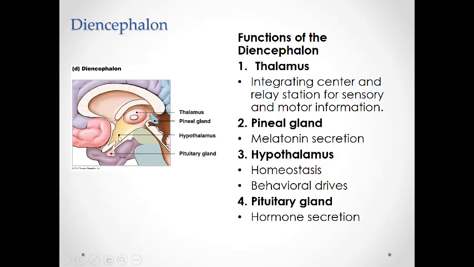Your hypothalamus is responsible for coordinating and managing homeostasis and behavioral drives. And your pituitary gland is responsible for hormone secretion. It's not just that your pituitary gland secretes hormones, it's that it controls which hormones are released and how many of them are released, and all of those specifications.